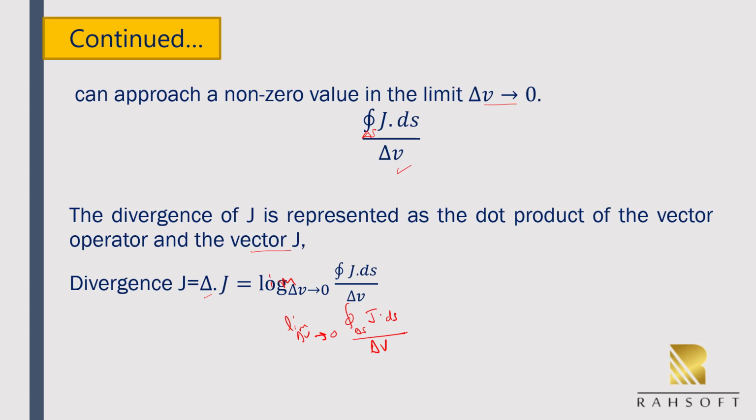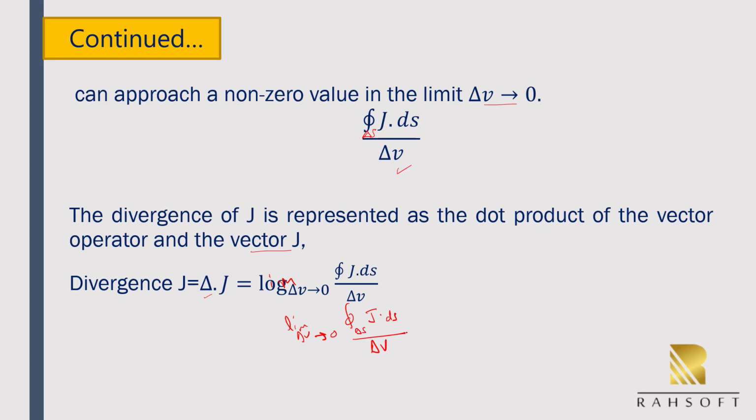Since a surface integral results in a scalar, the divergence of a vector is a scalar. So it is the flux emanating per unit volume as the volume shrinks to a point. Hence the concept of divergence is valid at a point.